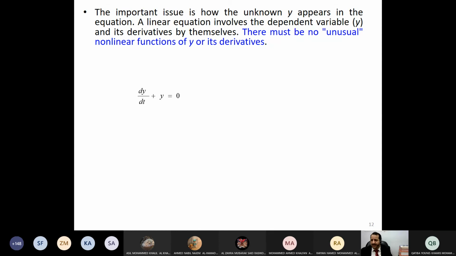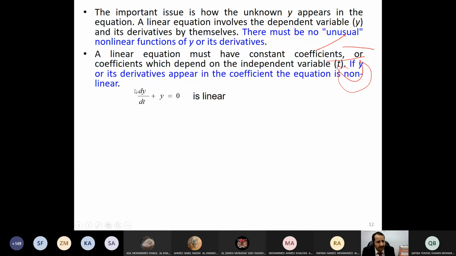Linear we understand, it's a straight line equation, the normal y equals mx plus c. But if some sort of non-linearity occurs in the equation, as an example, it becomes quadratic, x square. x square is non-linear because you know this is the linear, this is how the linear line looks. x square means parabolic, which is non-linear. You see here, it's a curve.